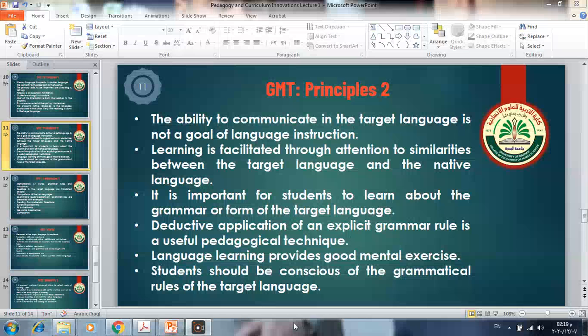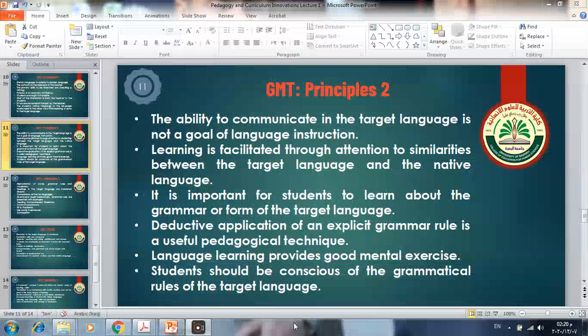Deductive application of an explicit grammar rule is a useful pedagogical technique. So we give the student the rule and ask them to give examples. We give them grammar rules, and then the students will generate their own examples following the rules we are giving them.